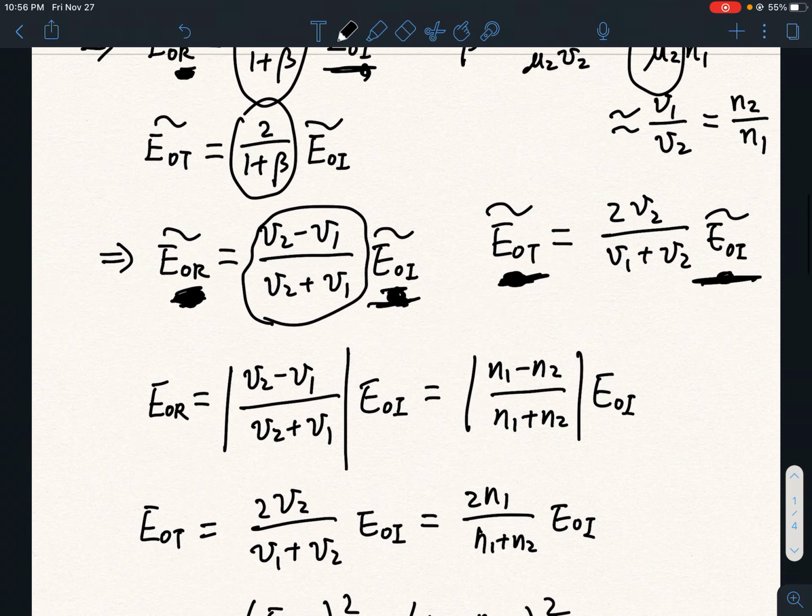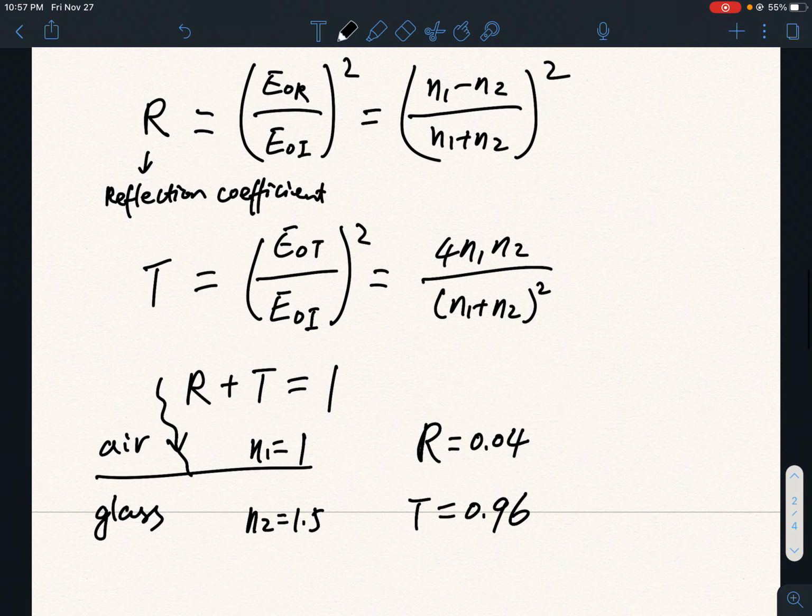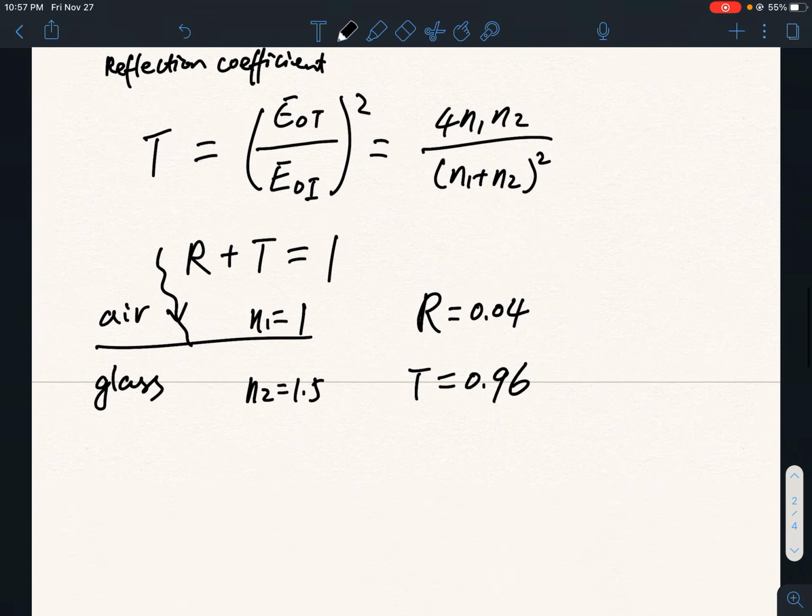Here I just show you these very simple ideas, how to calculate the reflection and the transmission, and as I said, more complicated calculations you will learn in graduate school.